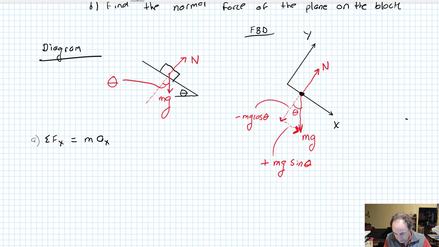So the sum of the forces in the x direction is just one. There's mg sine of theta, and that equals mass times the acceleration in the x direction. The mass is the same on each side, so we can get rid of that. So ax is just g sine theta.